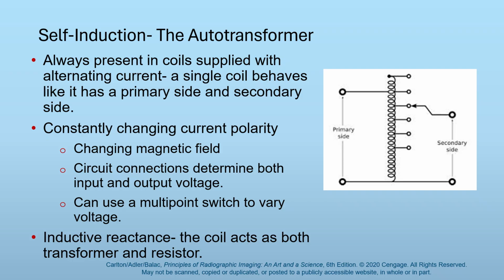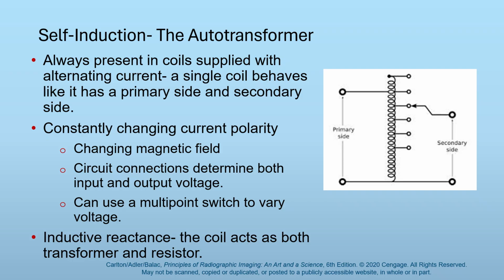So the constantly changing current polarity changes the magnetic field. And so we have a coil. Yes, even just one coil still experiences a changing magnetic field. And so Faraday says it makes no difference that there's no true secondary coil. You still have a coil of wire experiencing a changing magnetic field.